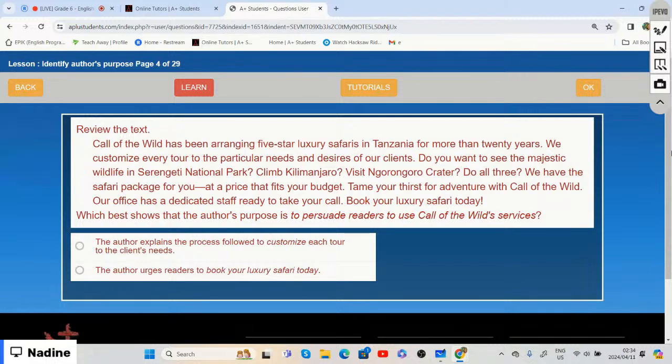All right, so now we're looking at the same text. So now we need to say which best shows that the author's purpose is to persuade, because we did say that it is to persuade the readers. But now, how do we know it is to persuade? Is it the author explains the process followed to customize each tour to the client's needs, or the author urges readers to book your luxury safari today?